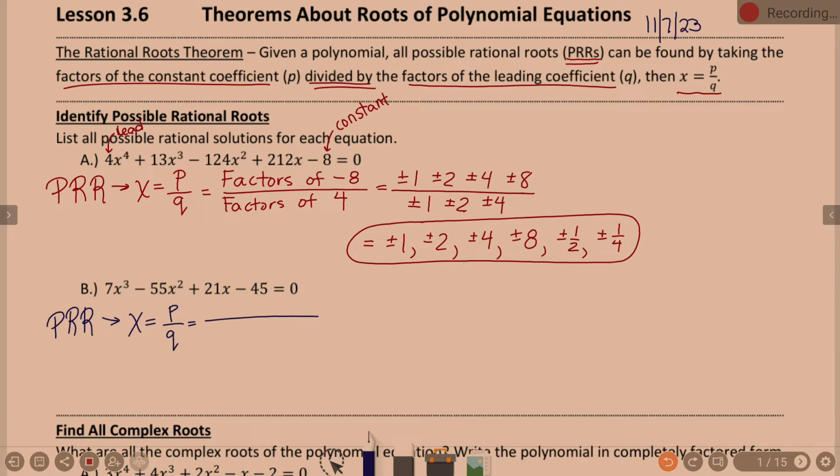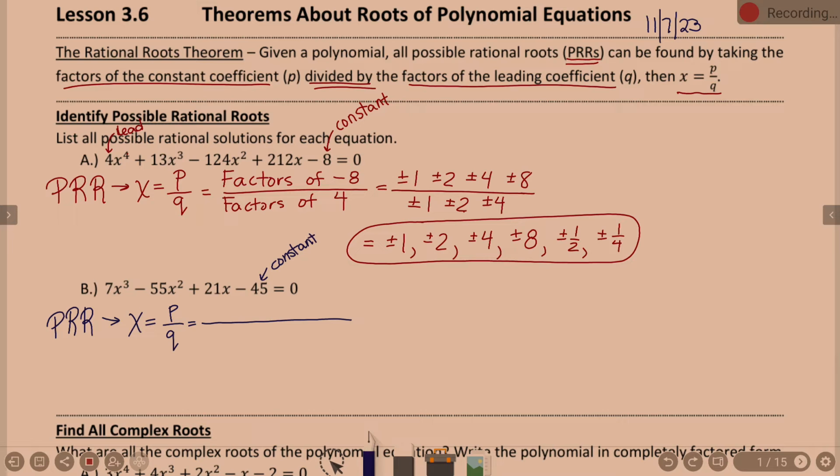Okay, let's talk about where these numbers are coming from. What are we putting on top? Factors of what? Okay. So factors of our constant.